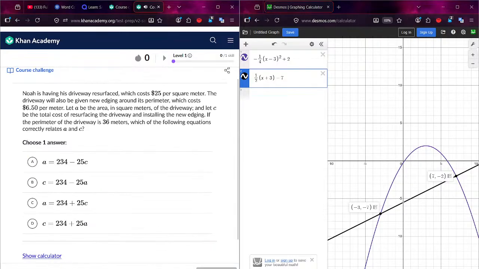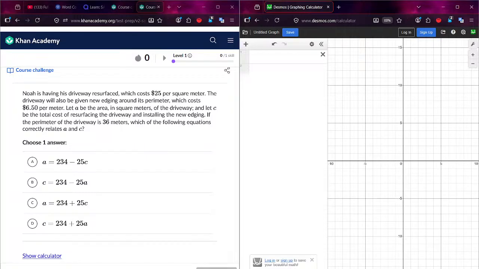So checking that's right. Alright, Noah is having his driveway resurfaced, which costs $25. That's quite a bit. $25 per square meter. The driveway will also be given a new edging around its perimeter. If the perimeter is 36, what relates A and C? A is going to be the area, and C is the cost.